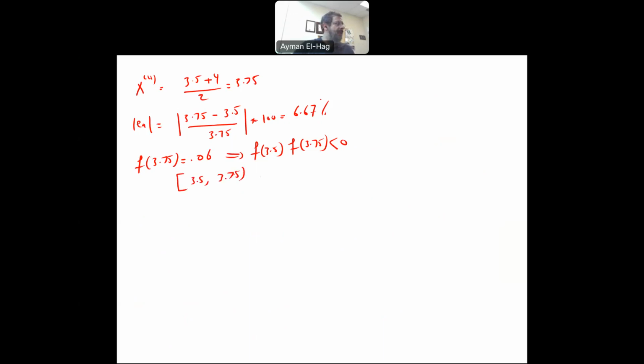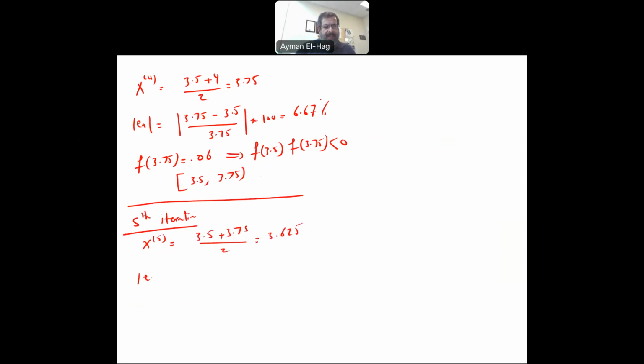We'll go now to the fifth iteration. So x5 will be equal to (3.5 plus 3.75) divided by 2, and this will give me 3.625.